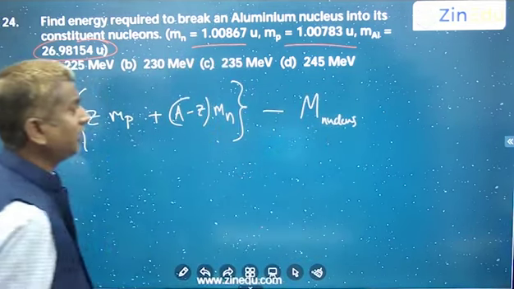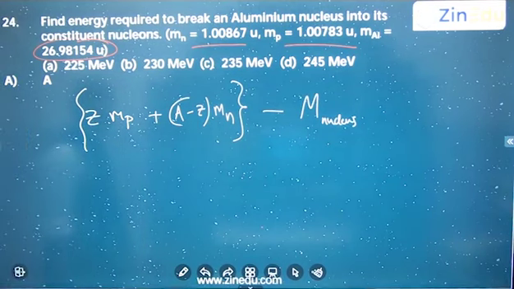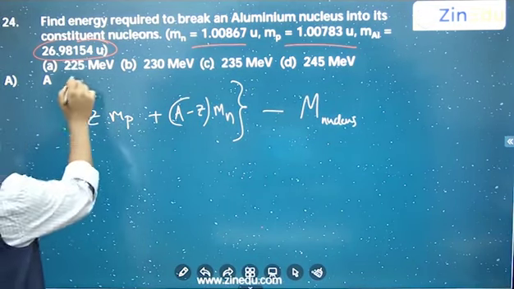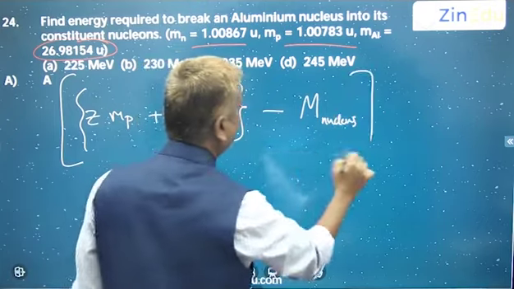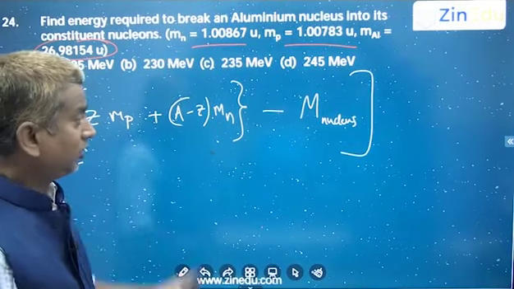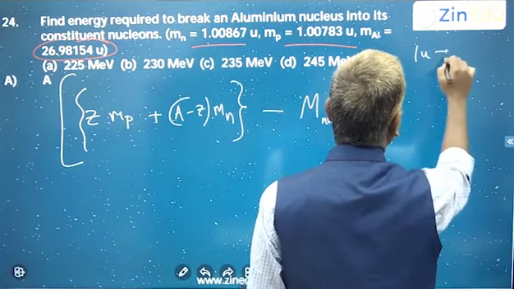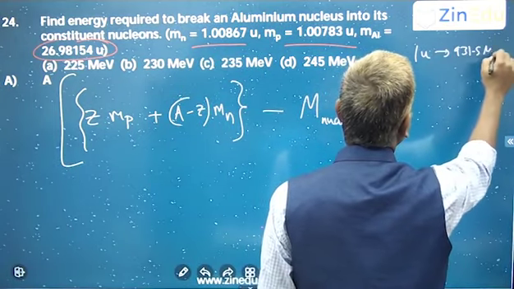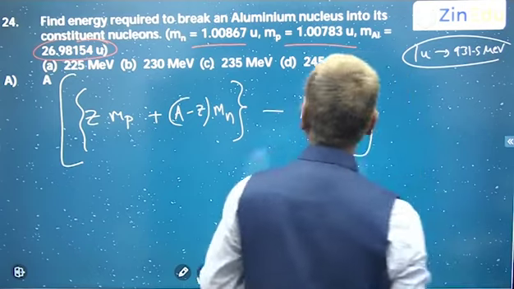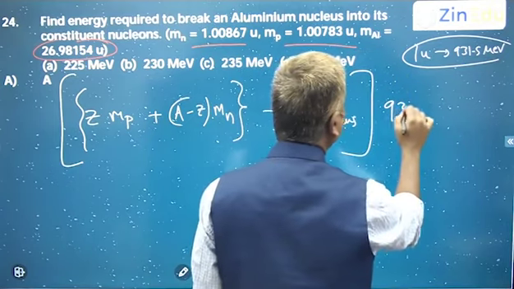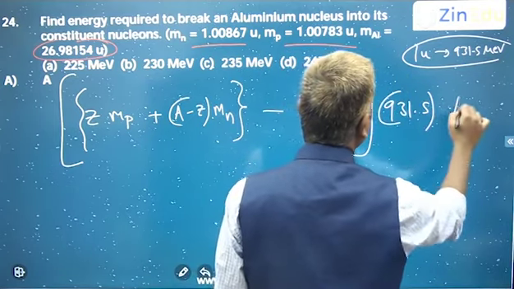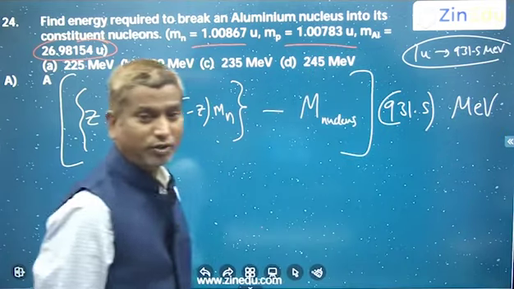This you will get in AMU. And whatever value you are getting in AMU, you multiply with 931.5, because 1 AMU gives 931.5 million electron volts. So you will get it in million electron volts.